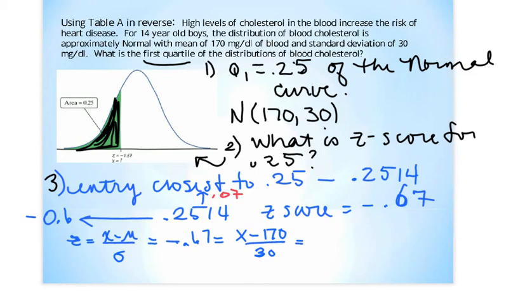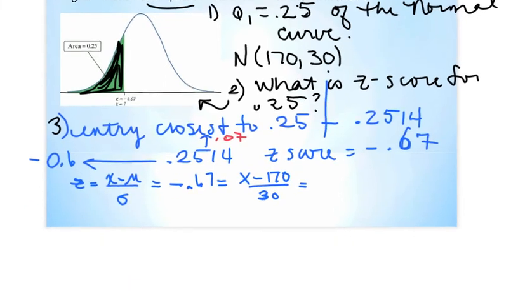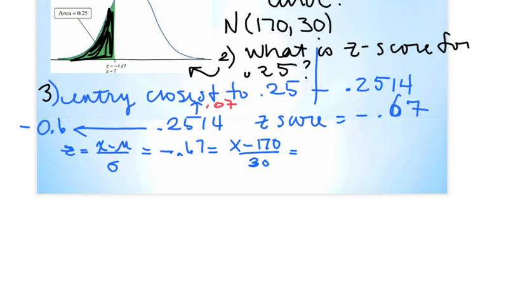If I do that, I'm going to move this up a little bit so I have more space. So negative 0.67 times 30 equals x minus 170.